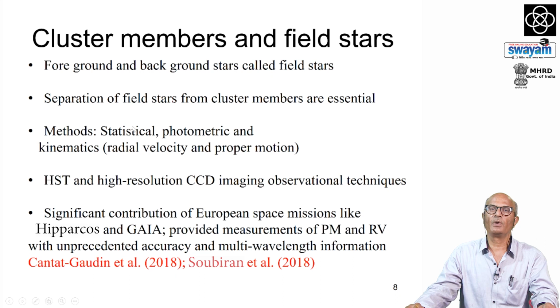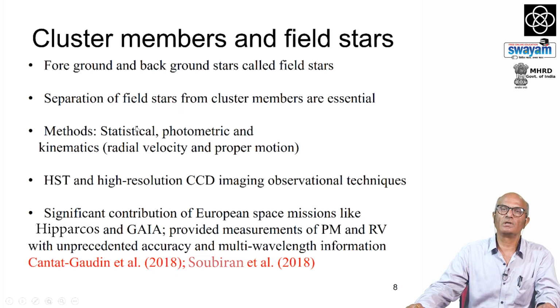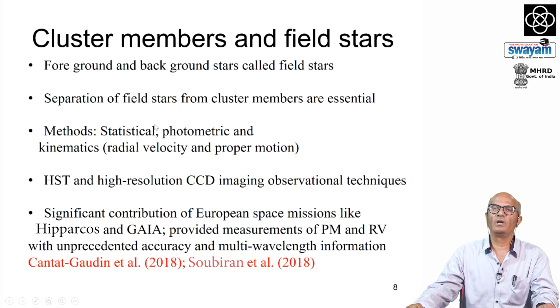So, for this purpose, we image the cluster region, and we also image a region a few core radii away from the cluster, and then we find out through a statistical technique how many field stars are there, and we remove them statistically. That is why this method is called the statistical method.